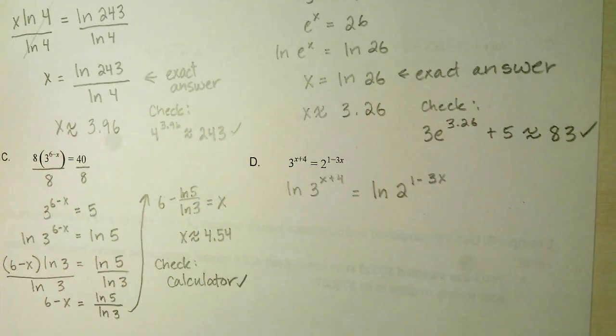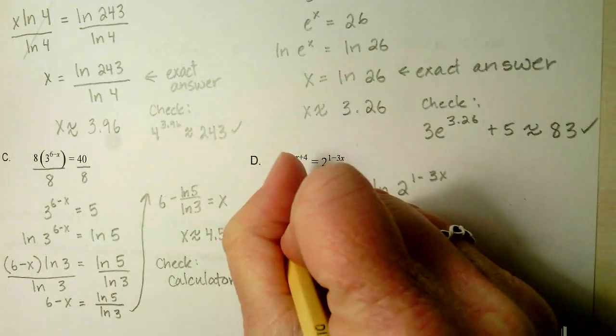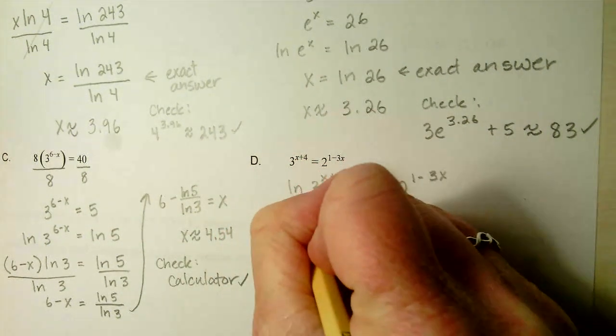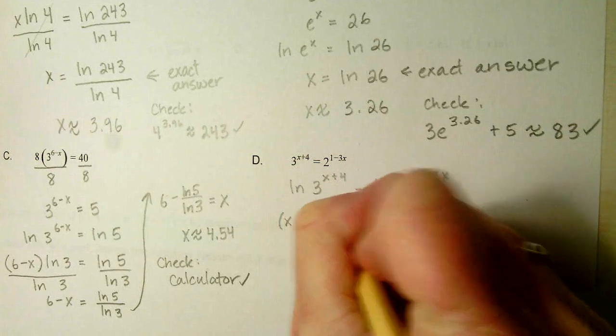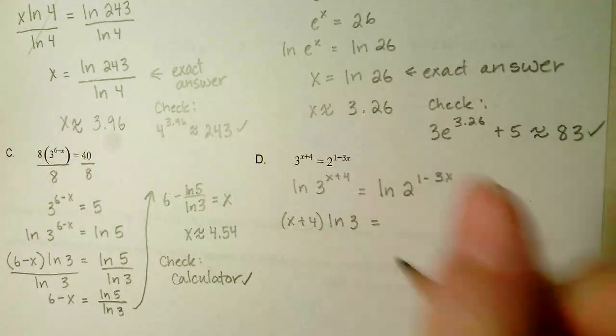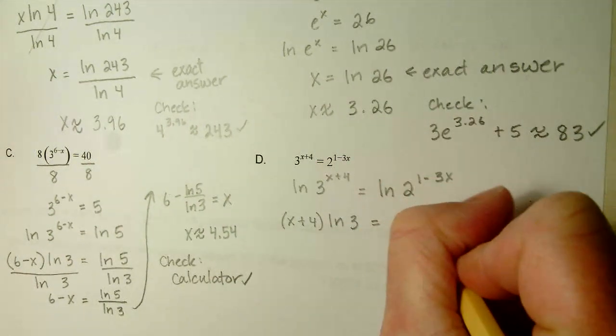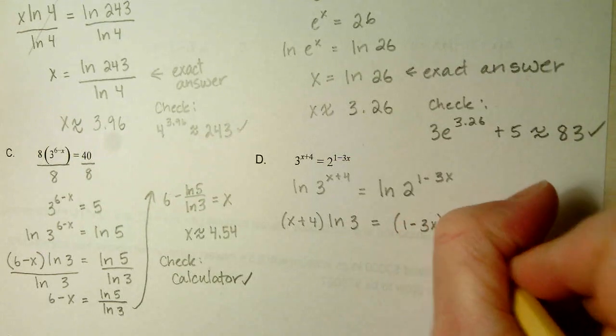Then we are going to use the power rule for logarithms. Your parentheses are important. X plus 4 times the natural log of 3 is going to be equal to 1 minus 3x times the natural log of 2.